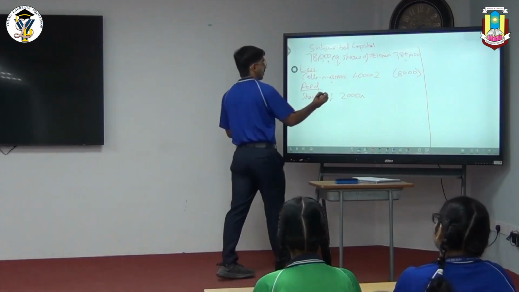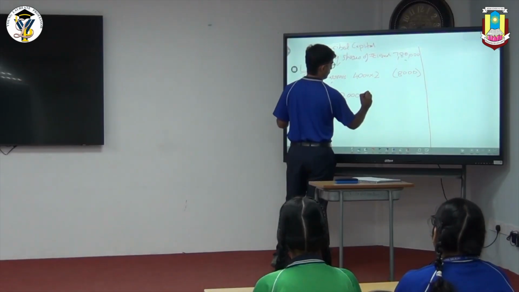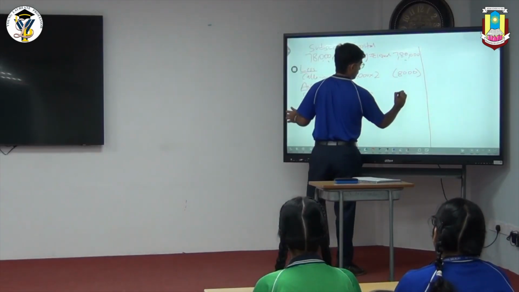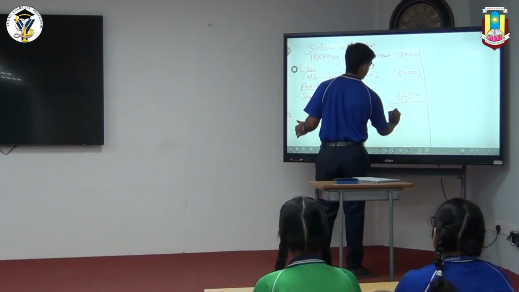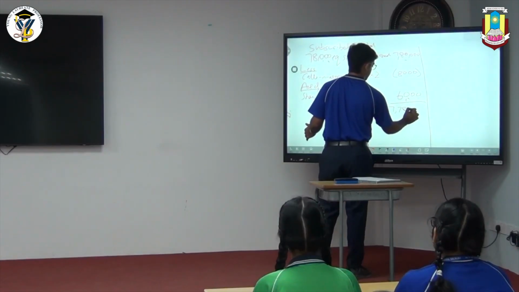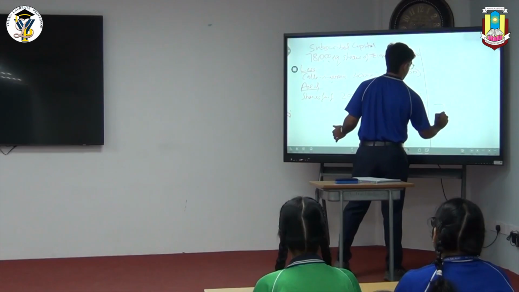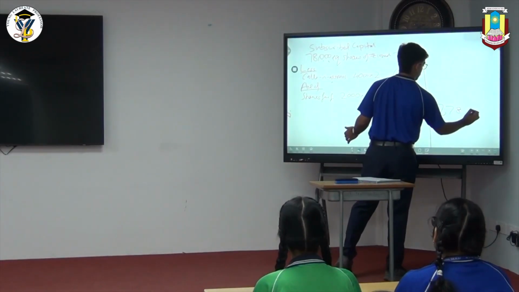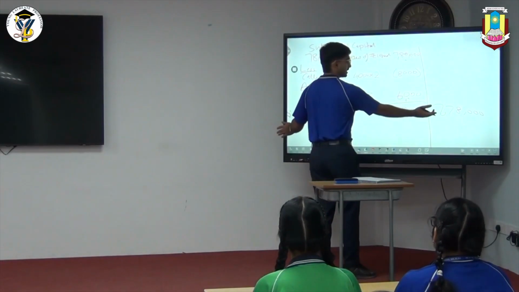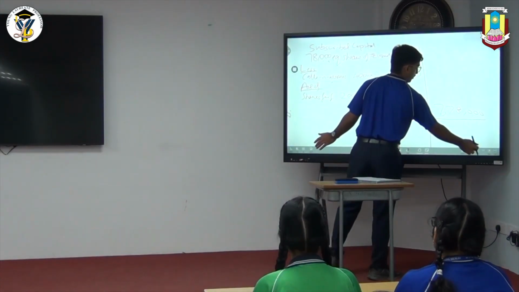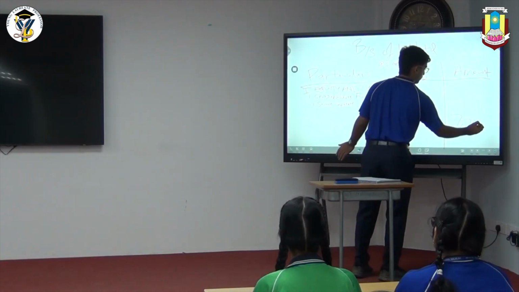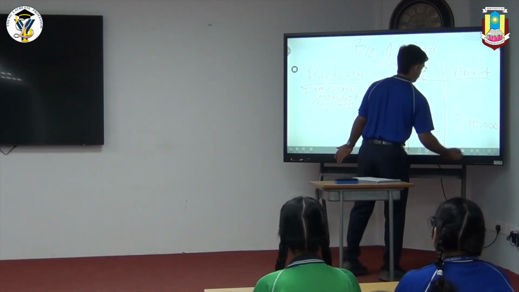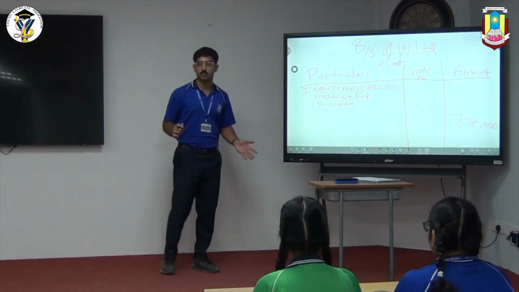So we have 2,000 into 2 into 3. Now we will take the sum of this, that is 778. And now this amount we will present in the balance sheet. And that's it. That is your question solved.